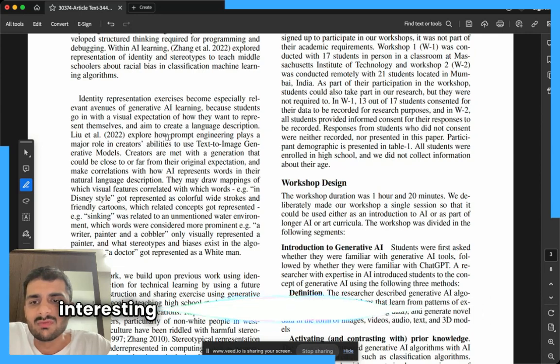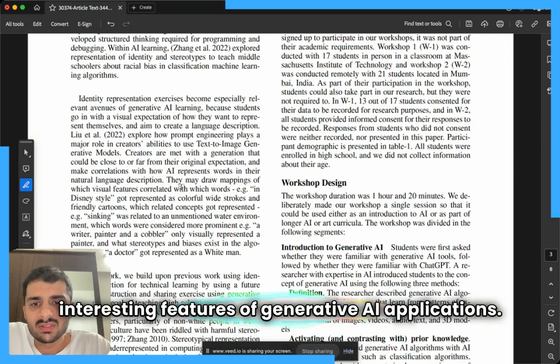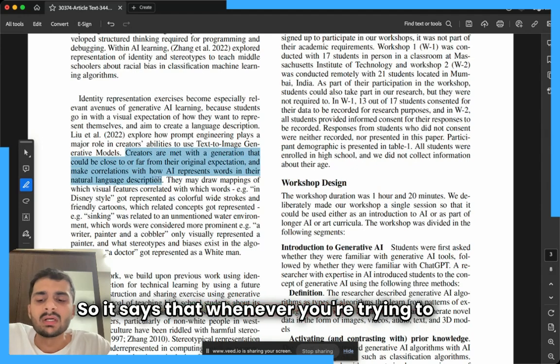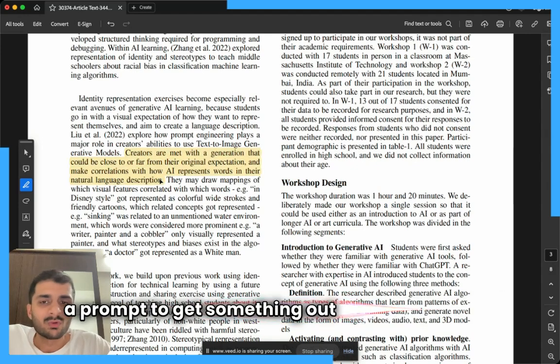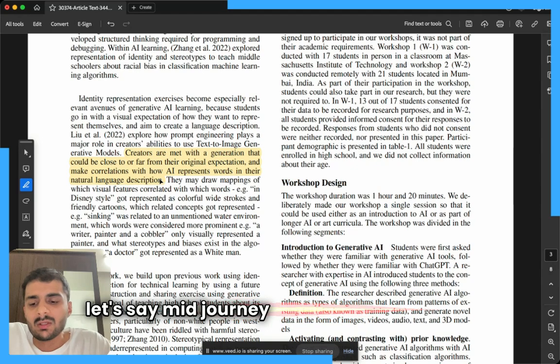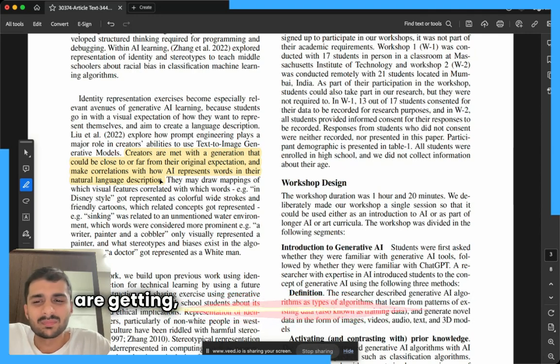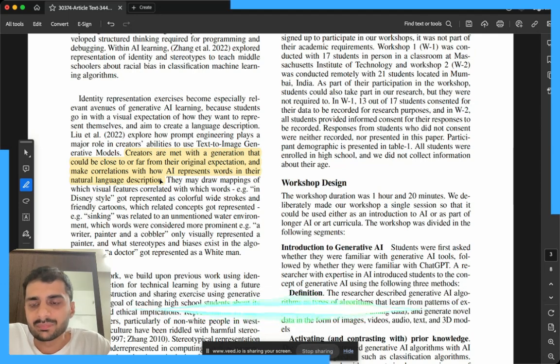Now, this paragraph draws upon some very interesting features of generative AI applications. So it says that whenever you're trying to write a prompt to get something out of an application, let's say Midjourney or ChatGPT, you might not always be satisfied with the results that you are getting, and it's because of many different things.